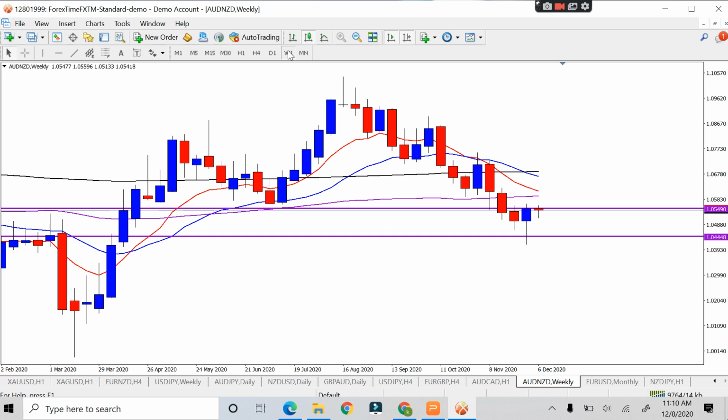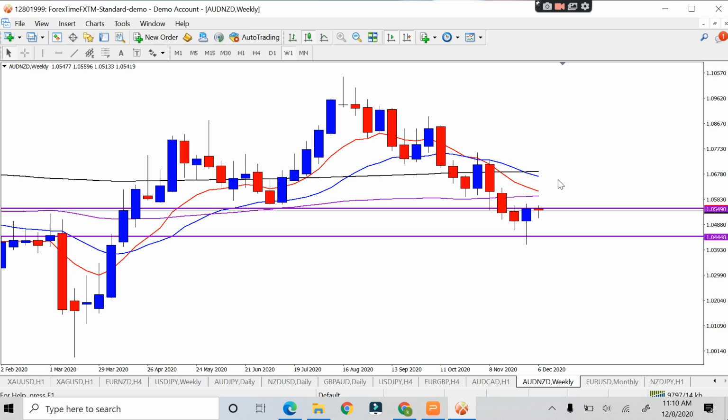On the weekly, yes, the price is below the 50 moving average. The 10 and 20 moving averages are below the 200 moving average. Though I see a bullish engulfing just before, I'm seeing a bearish candle form. So I will be waiting to see what happens with this pair.